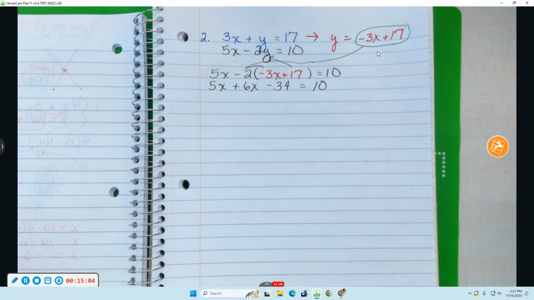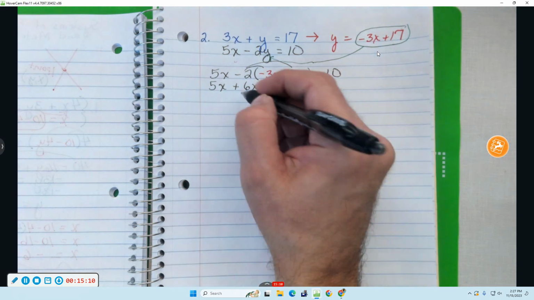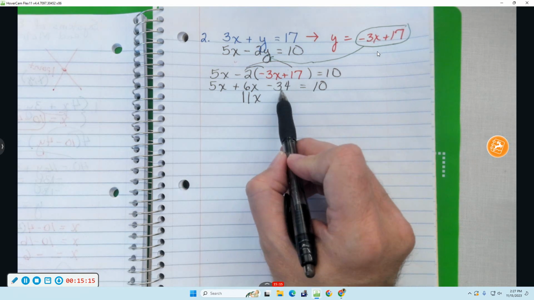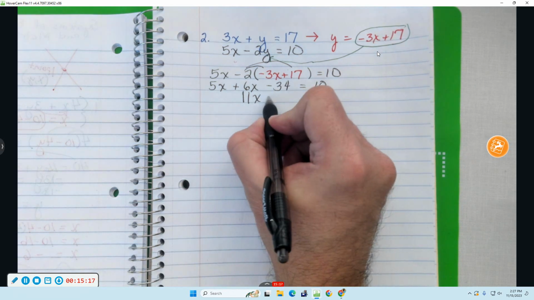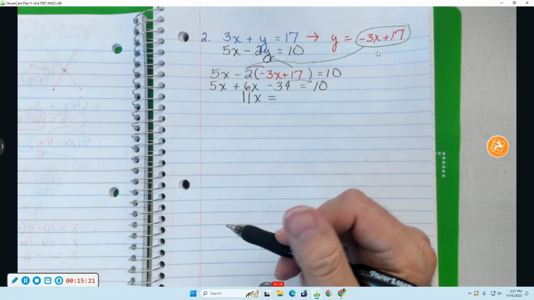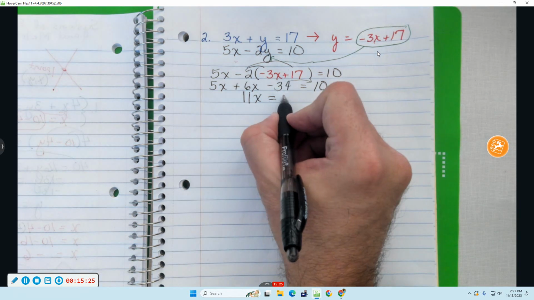It's a linear equation, so get all the x's together and then isolate the x. Well, 5x plus 6x I can write as 11x. And what am I going to do with this minus 34? Yeah, add it over here to both sides. 10 plus 34, is that a 44?